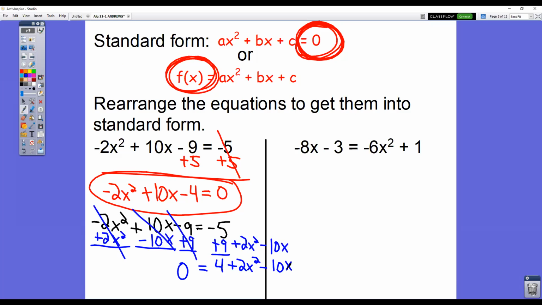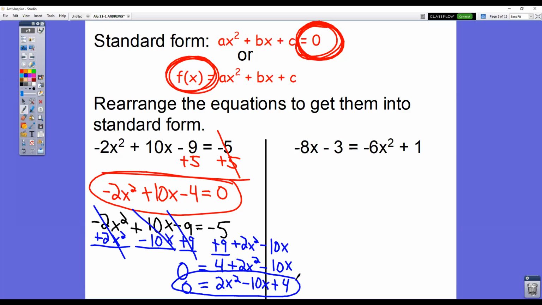That's not a right answer though, because it is not in standard form. Standard form says that we have to put the highest exponent first. So I would need to switch around my order. That 2x squared has to go first, minus 10x plus 4.